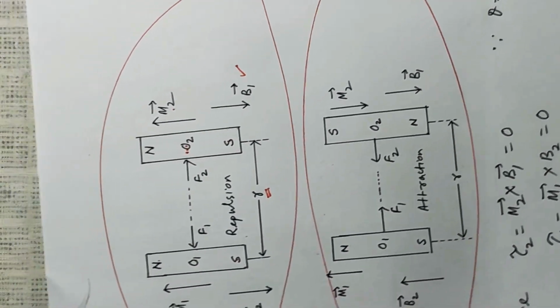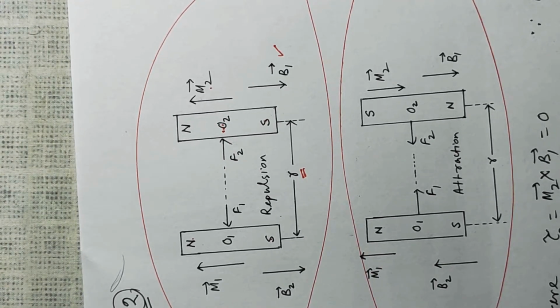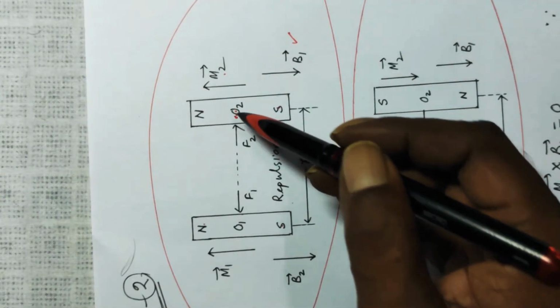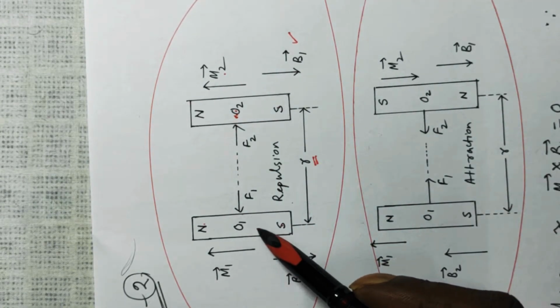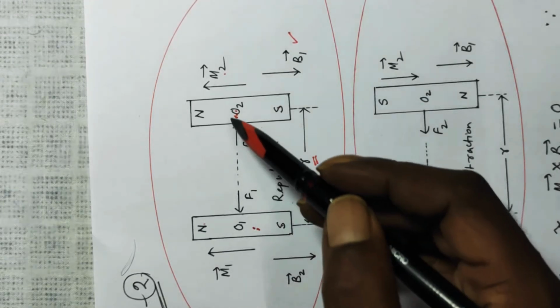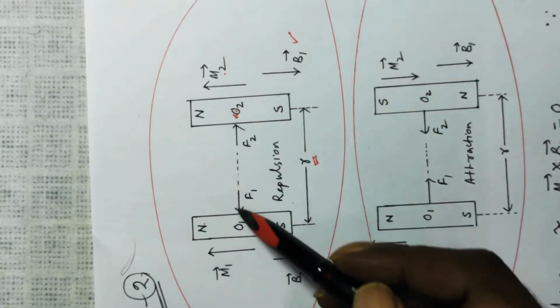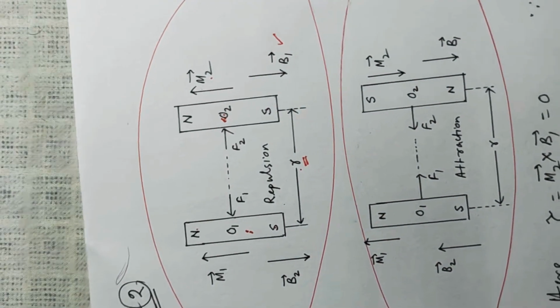If you look at it like this, we know in the equatorial line, the magnetic field was directed from north to south. This point is on the equatorial line of this magnet. So, due to this first magnet at point O2 at a distance r, the magnetic field is B1 pointing to this side.